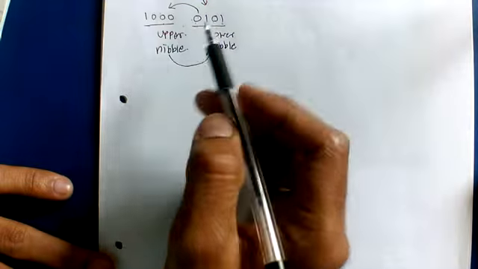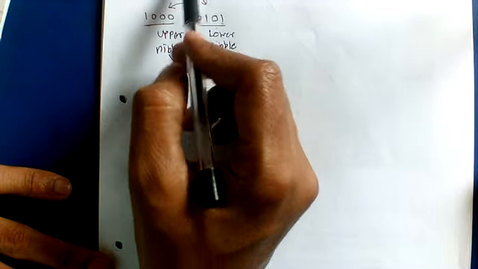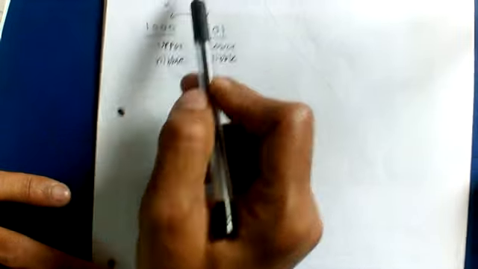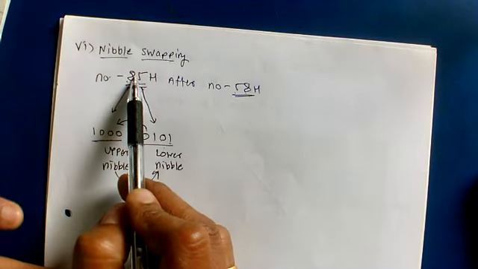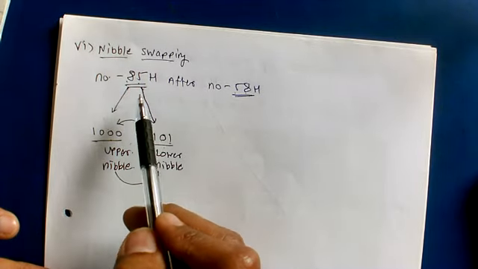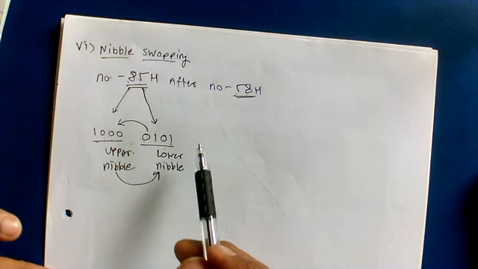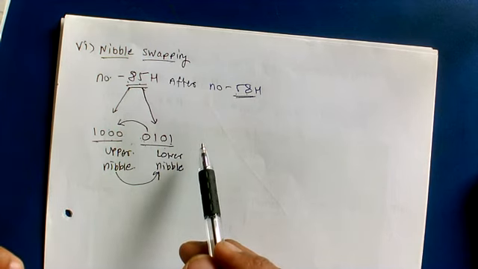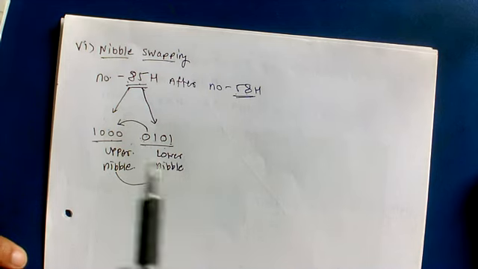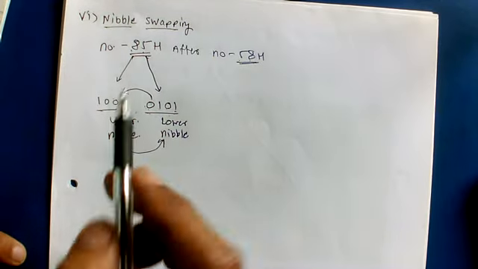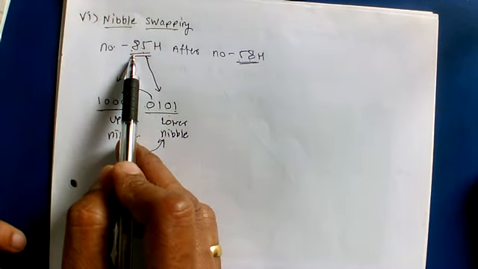To perform this swapping operation, this number 85 hex must be available in the accumulator. Why accumulator? Because all rotate instructions or shifting instructions assume data from the accumulator. Okay, that's why our first task is to take this 85 hex in the accumulator.